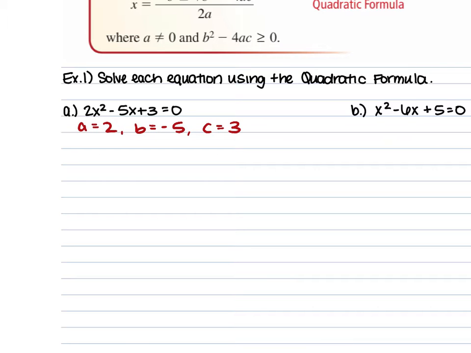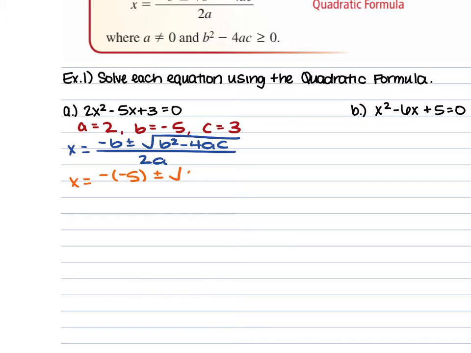So we're going to plug this into our quadratic formula, which is just negative b plus or minus the square root of b squared minus 4 times a times c all over 2 times a. So plugging these values in, we have x is equal to the opposite of negative 5 plus or minus the square root of negative 5 squared minus 4 times 2 times 3 all over 2 times 2.